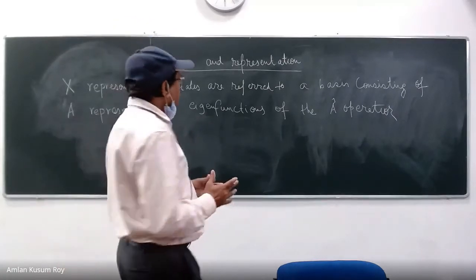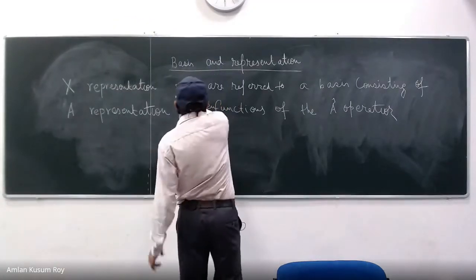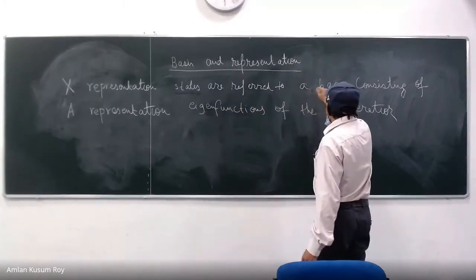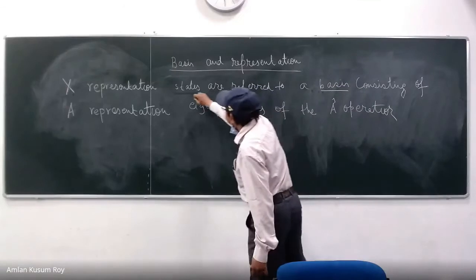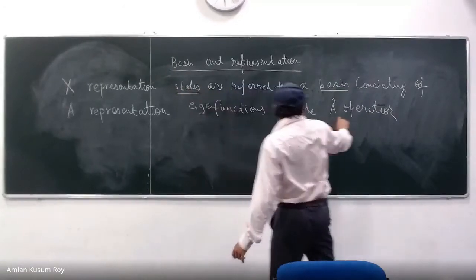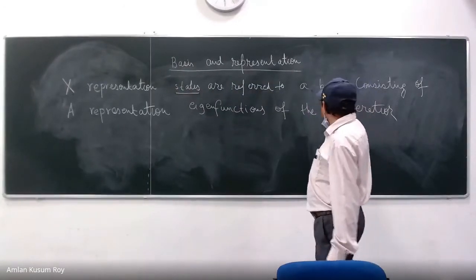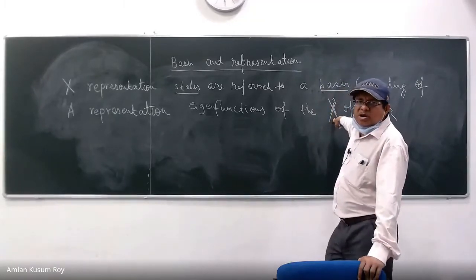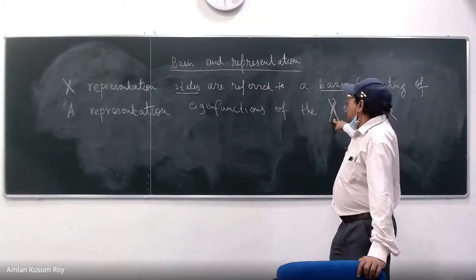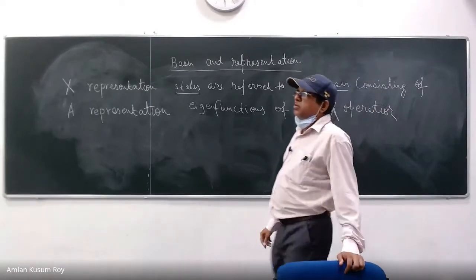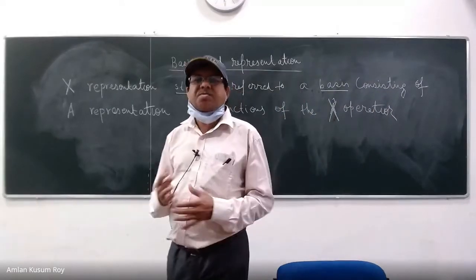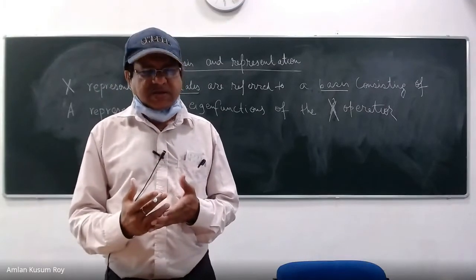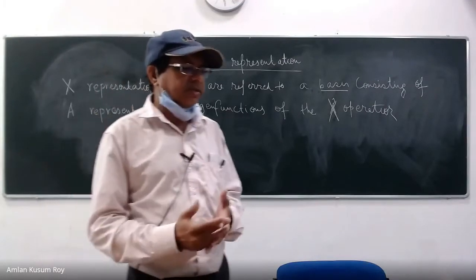So the states are referred to a basis. States means the eigenfunctions of the A or X operator. Those eigenfunctions are called states, and the complete set of states is referred to as a basis. Very simple.